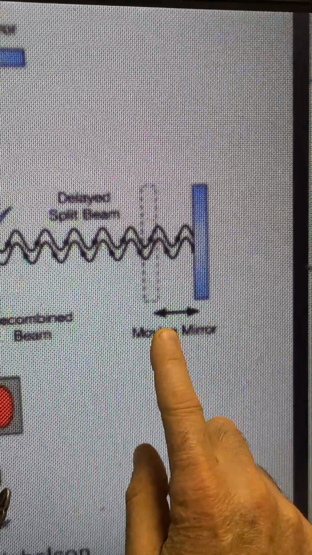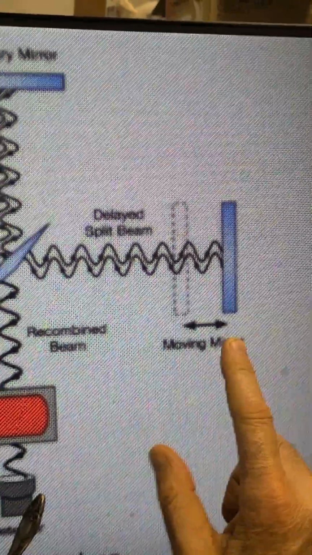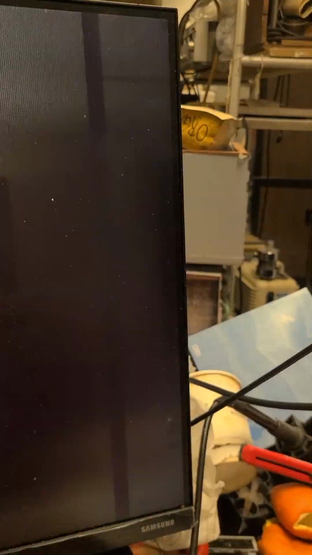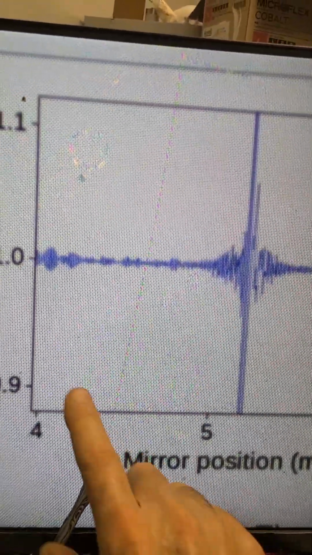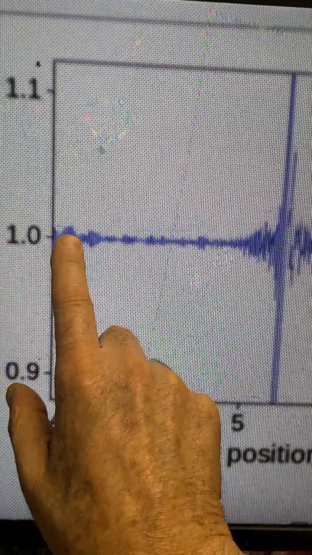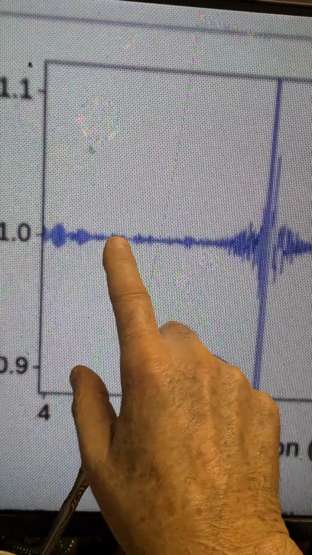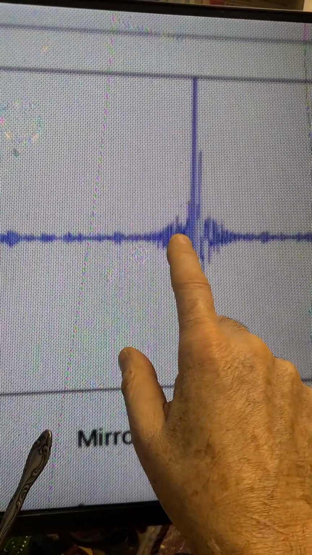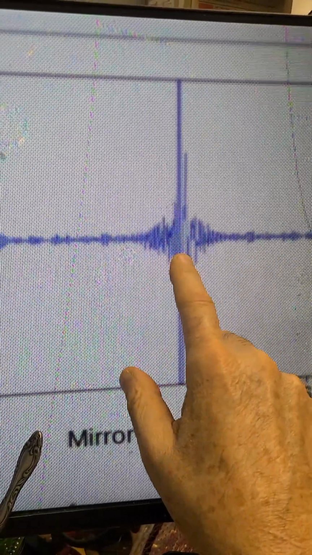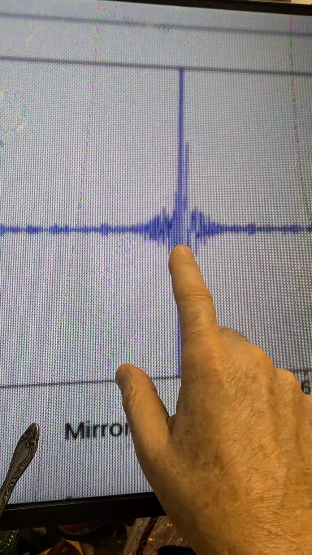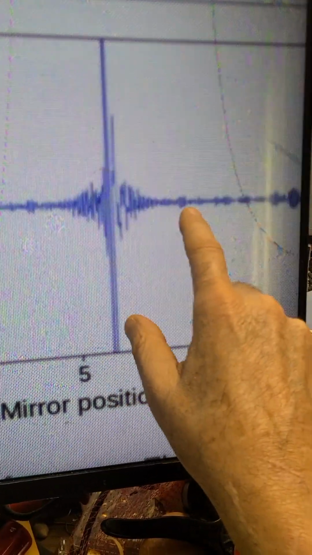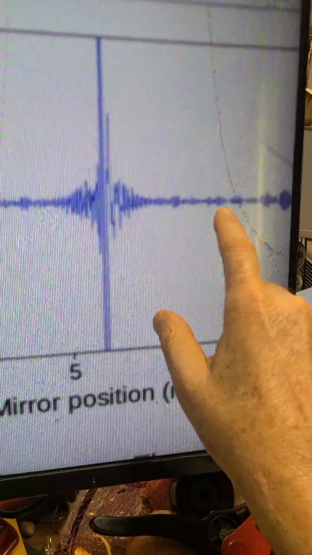You start left, let's say, move, you reach the 0 difference position, and then you keep on moving to create what we have here. We start left, you get this baseline where there's very little interference, and then the interference starts happening, reaches a maximum at the 0 difference spot, and then it starts decreasing the interference ups and downs as you continue to move the mirror.